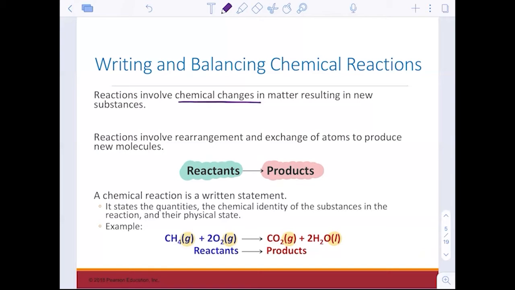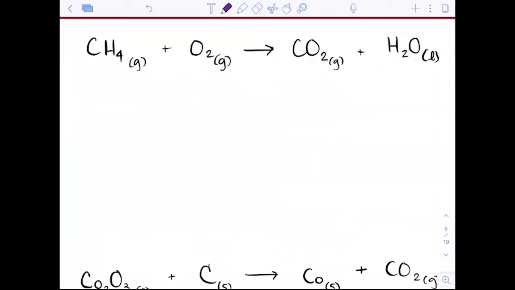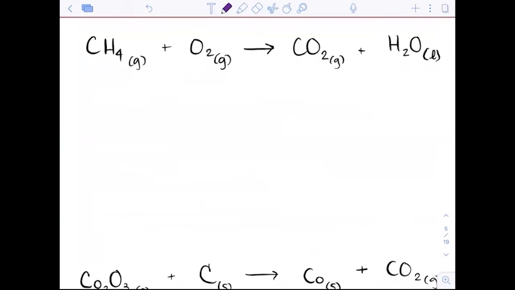Now, how did this 2 appear? And how did this 2 appear? That is what we call balancing chemical reactions. Let's investigate how we would balance a chemical reaction based off of just being given CH4 and O2 react to form CO2 and H2O. Balancing chemical reactions is important. This sentence right here does not describe a complete sentence.